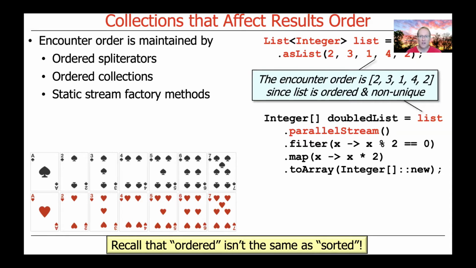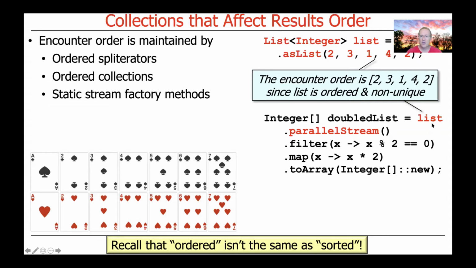So the order matters. So it's 2, 3, 1, 4, 2. And the reason this works is because the list is an ordered data structure. And in this particular case, it's also non-unique. So you can have duplicates, like we have 2 values of 2. And when we talk about other kinds of collections, like a set, for example, you see that they have different characteristics. They're not ordered and they're unique.